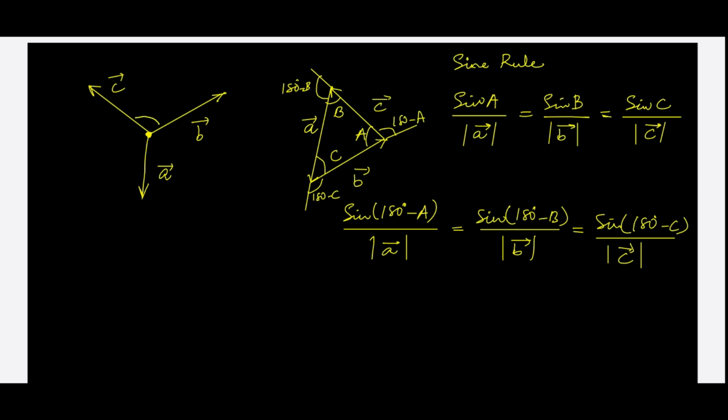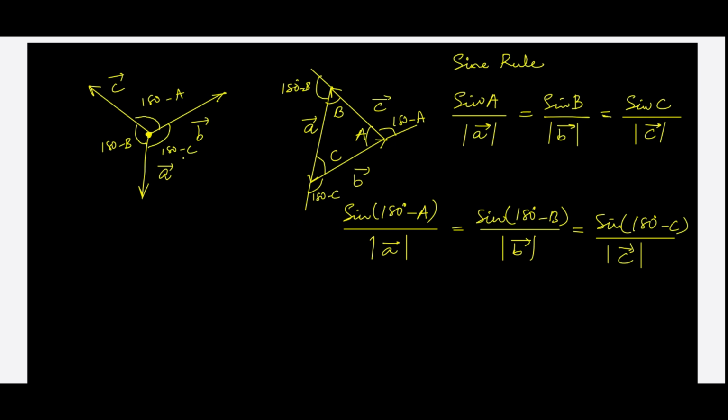So this is 180 minus A, this will be 180 minus B, this is 180 minus C. See the angle between A and B: vector A is like this and this is vector B. The angle between them is 180 minus C.